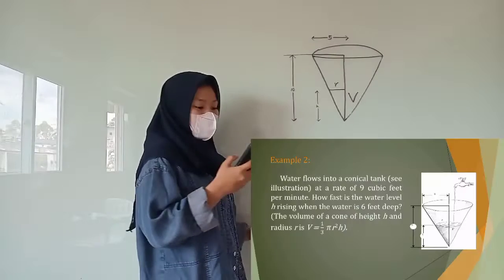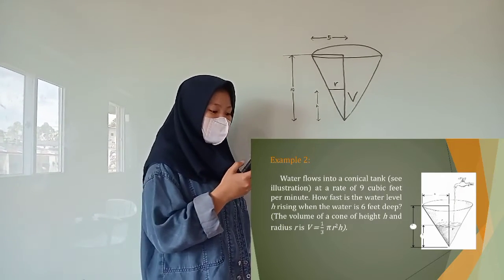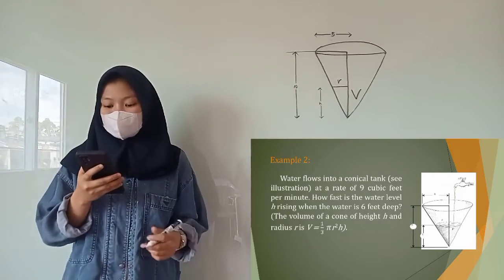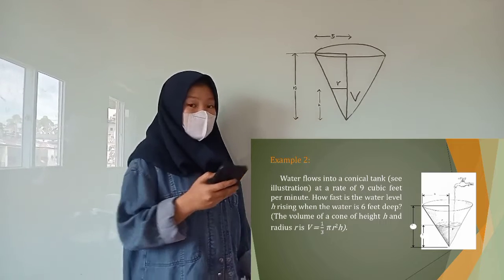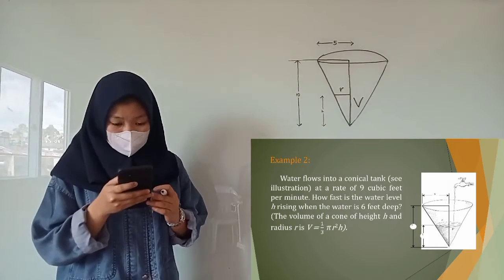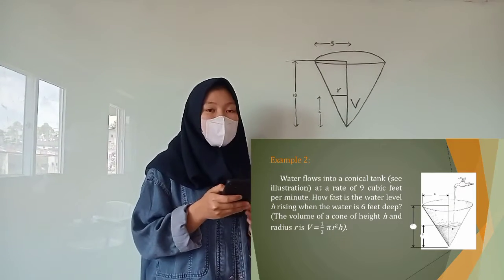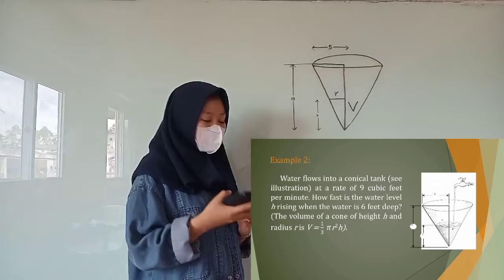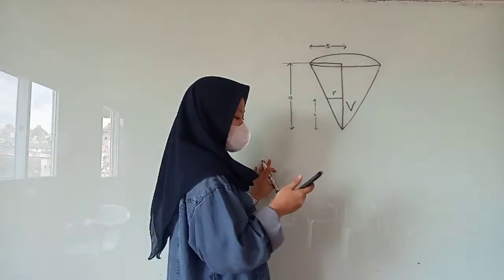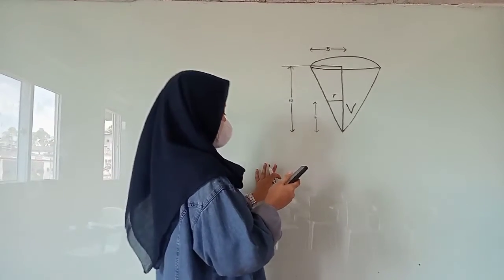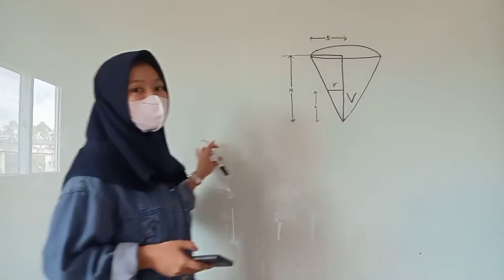Problem number 2: water flows into a conical tank at a rate of 9 cubic feet per minute. How fast is the water level rising when the water is 6 feet deep? The volume of a cone with height h and radius r is V equals 1/3 pi r squared times height. The water in the tank forms a cone with volume V and height h. So volume and height are both functions of time.